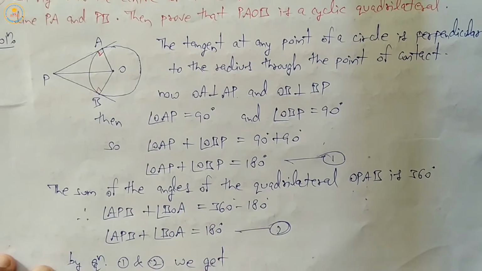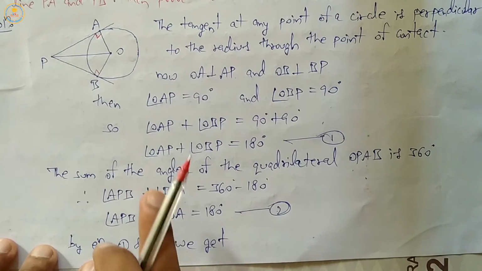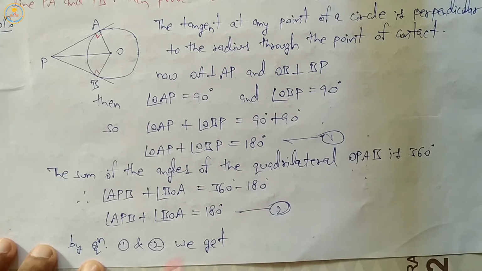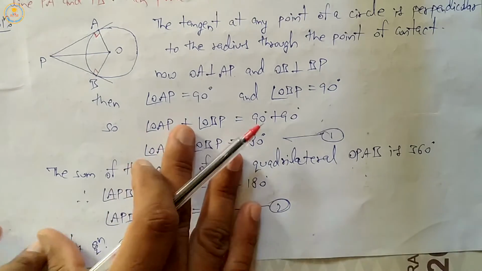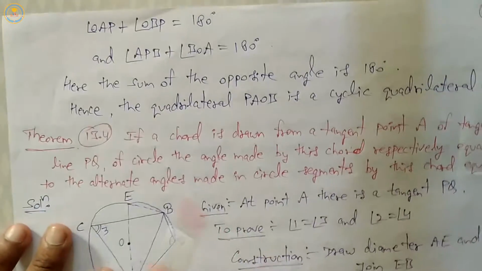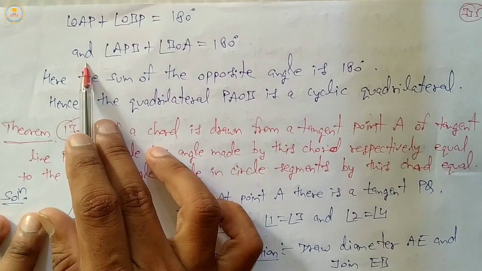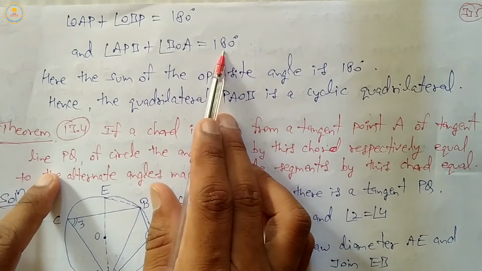Equation second. By equation first and second we get equation first: OAP plus OBP equal 180 degree. Equation second: APB plus BOA equal 180 degree. It means we can say that APB plus BOA equal 180 degree.